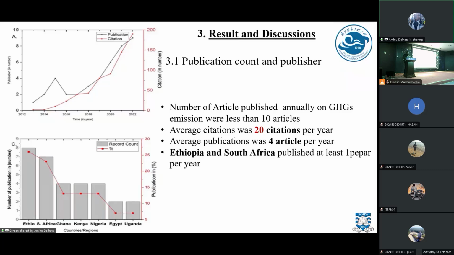It is few papers. These papers may be from a developing country, for one department or one affiliation. The average publication was about 4 papers per year, and Ethiopia and South Africa publish at least 1 paper per year. The highest publishing countries in this area are Ethiopia and South Africa.